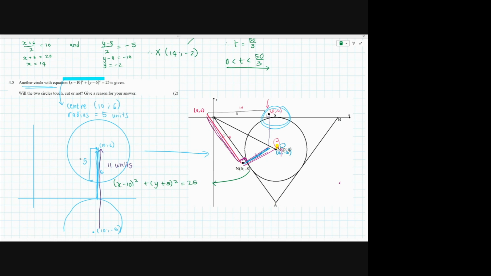Right, so there are many different ways you can reason this. Essentially, you can say your new circle has shifted 11 units up.